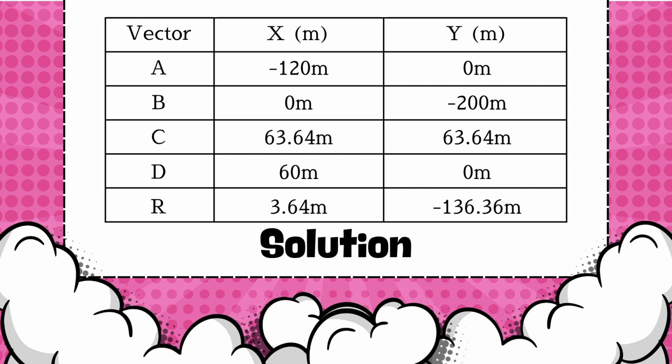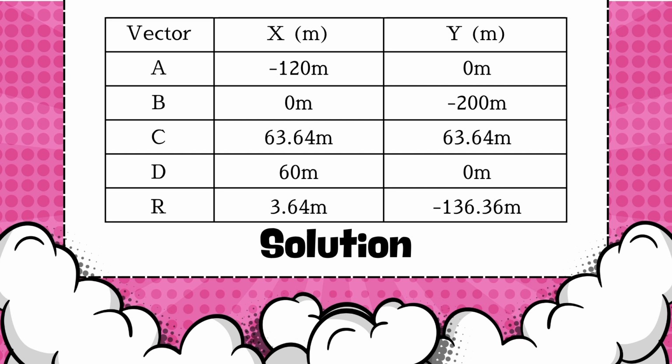So each component is 90 times cosine 45 degrees, which equals about 63.64 meters. So leg 3 gives x plus 63.64 and y plus 63.64. Now leg 4 is 60 meters east. It gives plus 60 on x while y is 0.